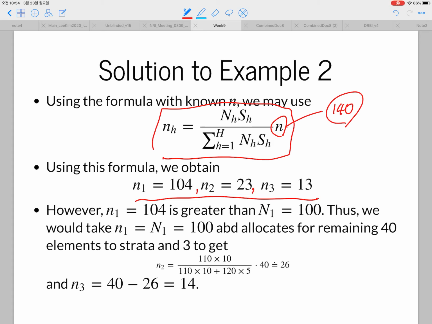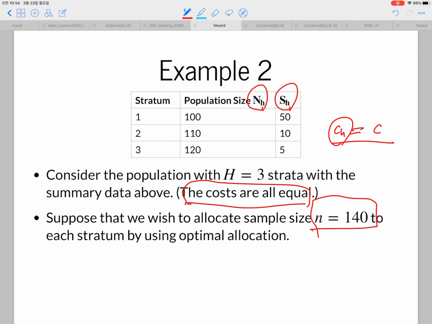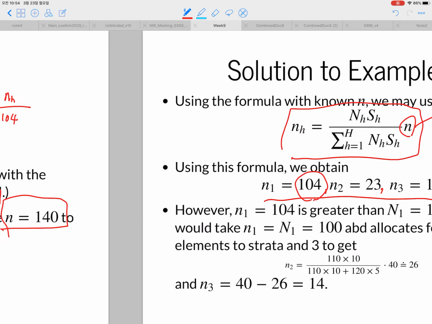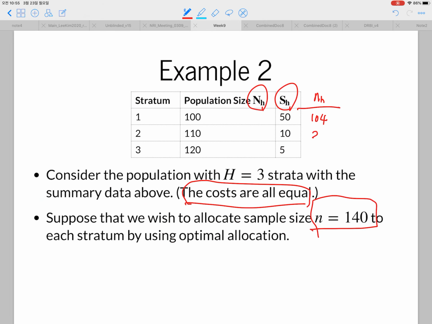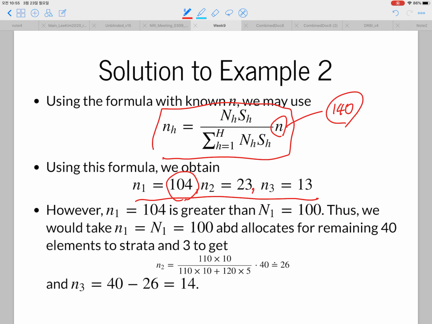Now the problem is this guy, the first guy. If you write it as the final solution, you get 104, 23, and 13.